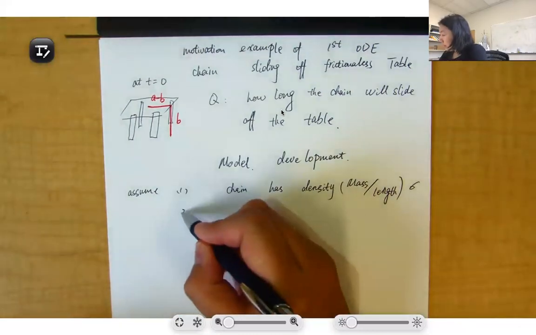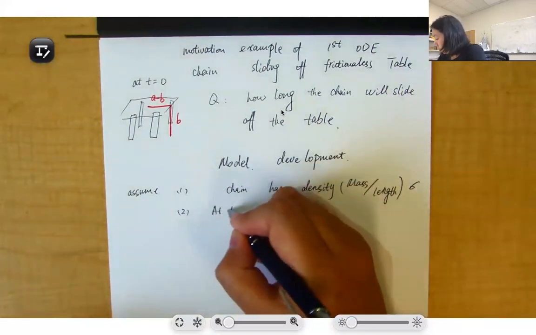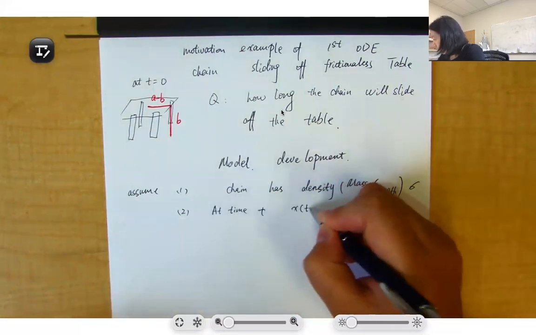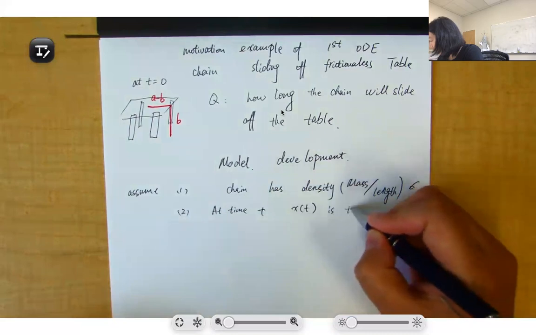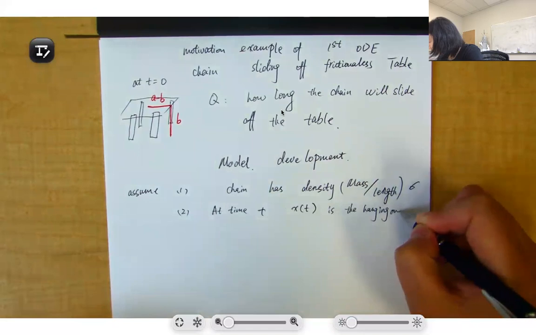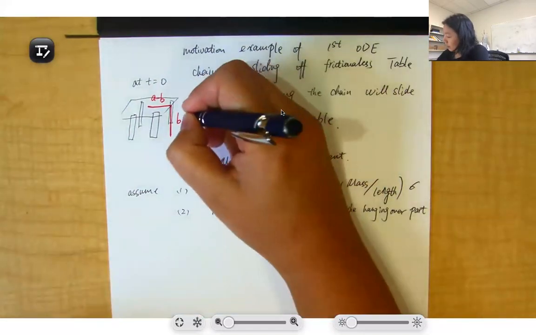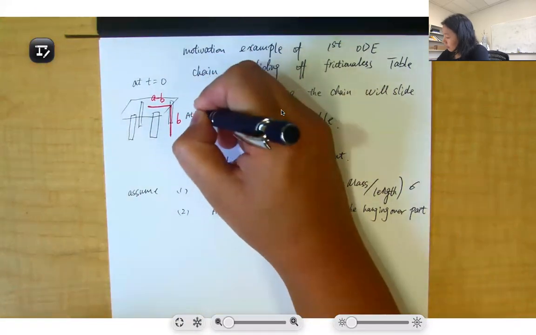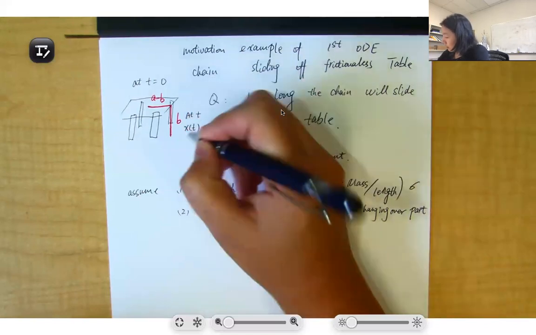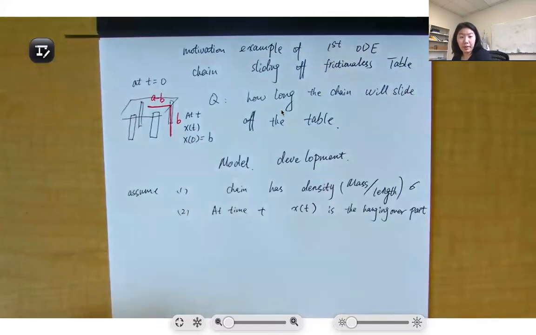Then the second one is that at time t, x(t) is the hangover part. So at time t, the hangover part will be x(t). At t equals 0, x(0) will be equal to b, right?